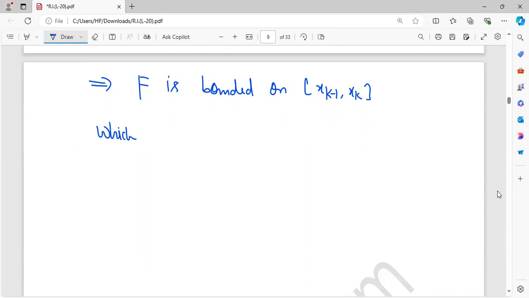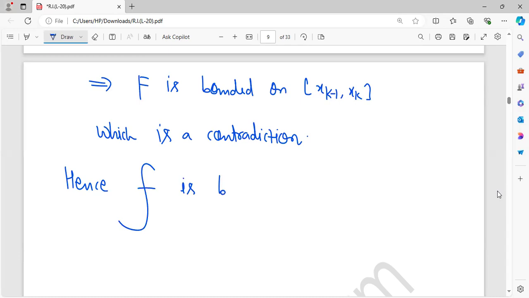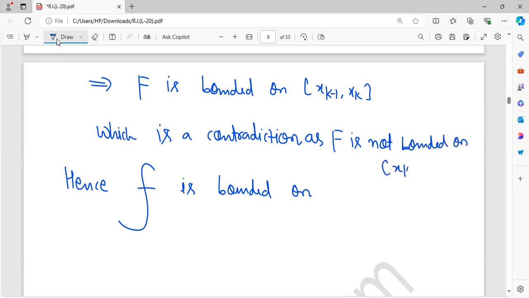Which is a contradiction. Hence, f is bounded on... which is a contradiction, as f is unbounded, not bounded on xk minus 1 to xk.